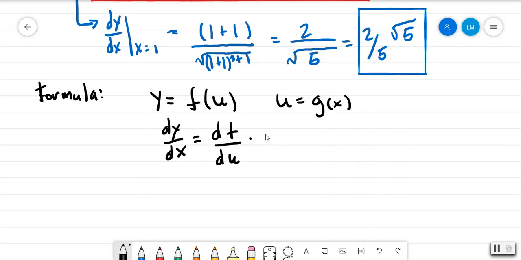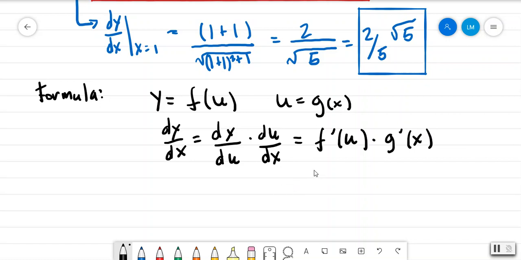Let me change this to the variable y, that way we don't get confused. So this will be the derivative of y times the derivative of u with respect to x. What this means is that we know that's going to be f prime of u multiplied by, in this case, g prime of x.